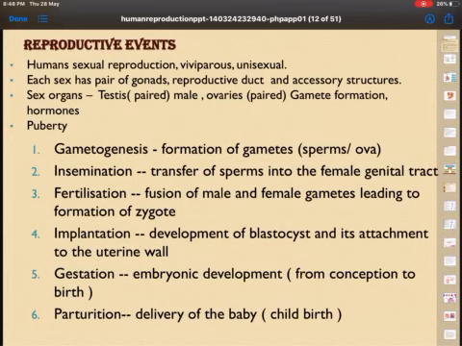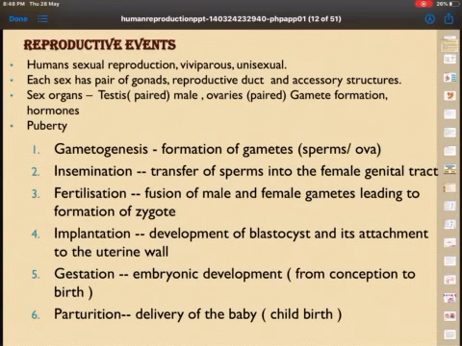In the male, the sex organs are testes, whereas in the female, they are ovaries. Gamete formation takes place once the gonads undergo meiosis, and there is a greater role played by hormones.